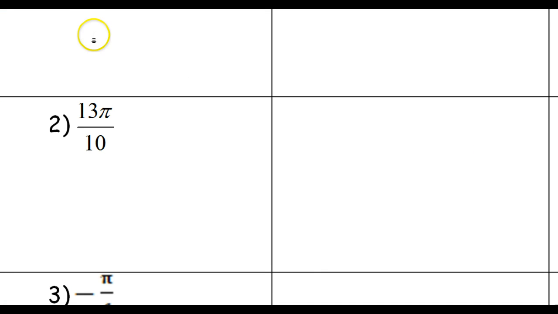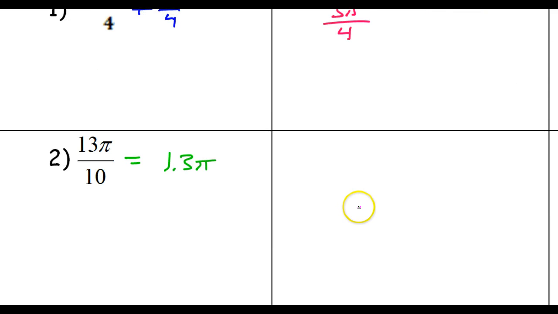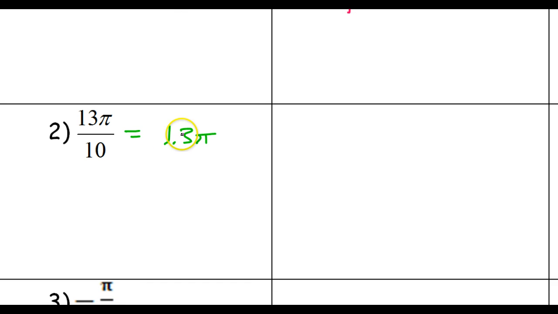And the thing about that is, if you understand that this is equal to 1.3 pi, then this is already less than 2 pi. And specifically, this is already between 0 and 2 pi. So we don't need to add or subtract 2 pi. So what we will do is just copy this down unchanged. So 13 pi over 10, it'll be its own coterminal angle because it's already correct.